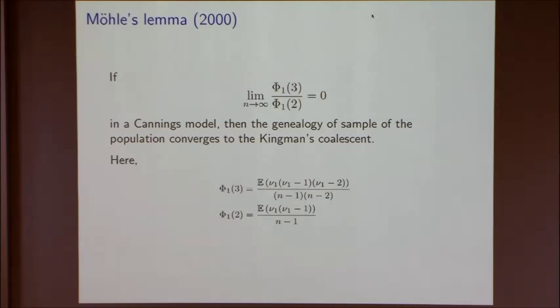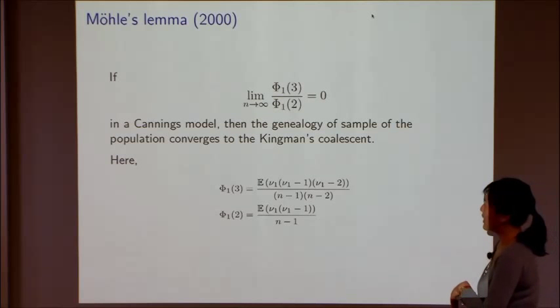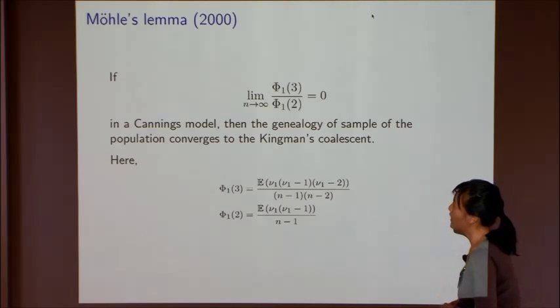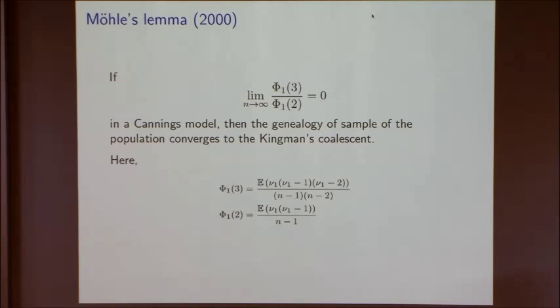So Möhle proved in 2000 that, let me just preface this with, not all Cannings models will give you Kingman's coalescent. And Möhle proved that if this limit is true in a Cannings model, then the genealogy of the sample population converges to the Kingman's coalescent.